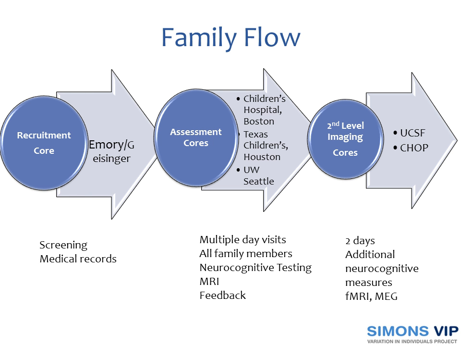Families were originally contacted and recruited through the Emory and Geisinger team, where there was screening and a review of medical records and medical history. Then at our assessment sites, either at Children's Hospital in Boston, Texas Children's in Houston, or the University of Washington in Seattle, we conducted our study in a way that tries to control for all of those complications when thinking of behavior. So we had multiple day visits.